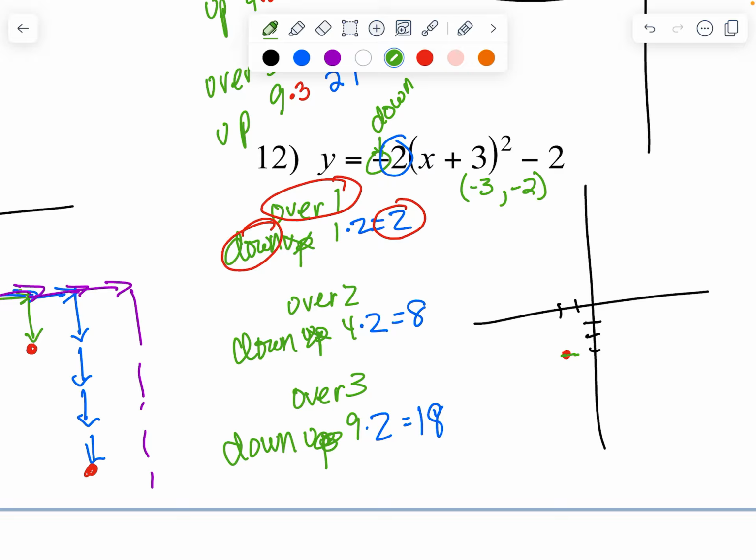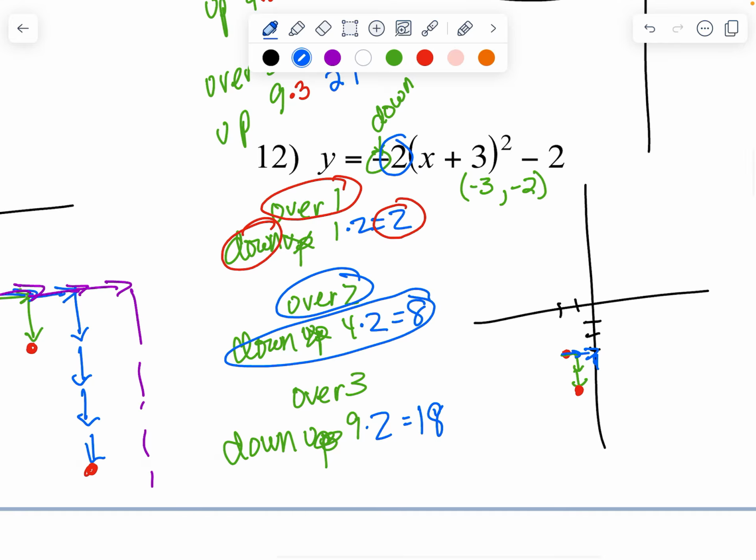Okay, over 1, down 2. And over 2, down 8. 1, 2, 3, 4, 5, 6, 7, 8.